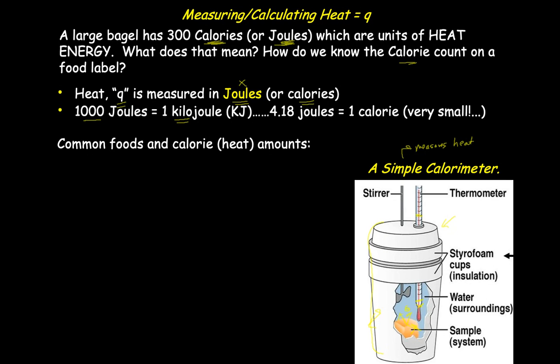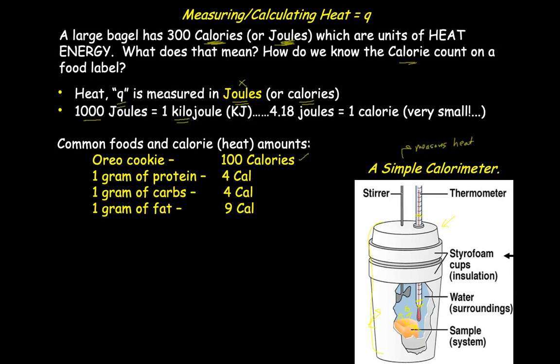Okay, so just some common foods, calorie heat amounts. An Oreo cookie has about 100 calories in it. A gram of protein has 4 calories in it. Carbs also, and fat has higher calorie amounts, 9 calories per gram of fat.